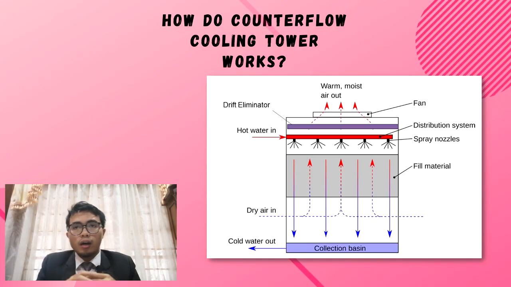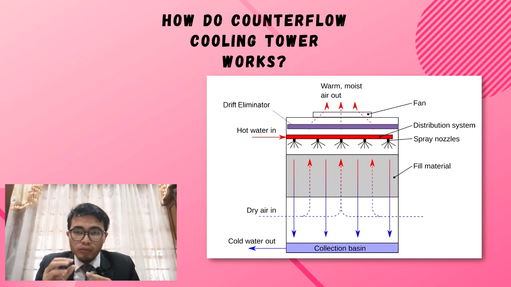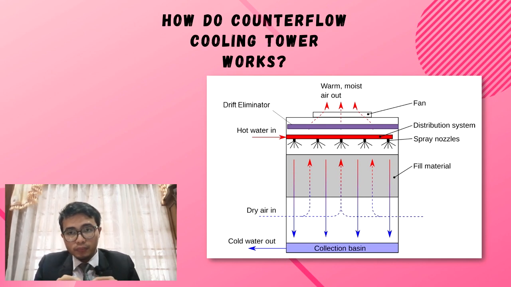So how does a counterflow cooling tower work? First of all, when we look at the diagram here, the hot water will enter the cooling tower through pipes. When it reaches the distribution system, the nozzle moves very fast to spread the hot water over the fill, which is the heat exchanger.